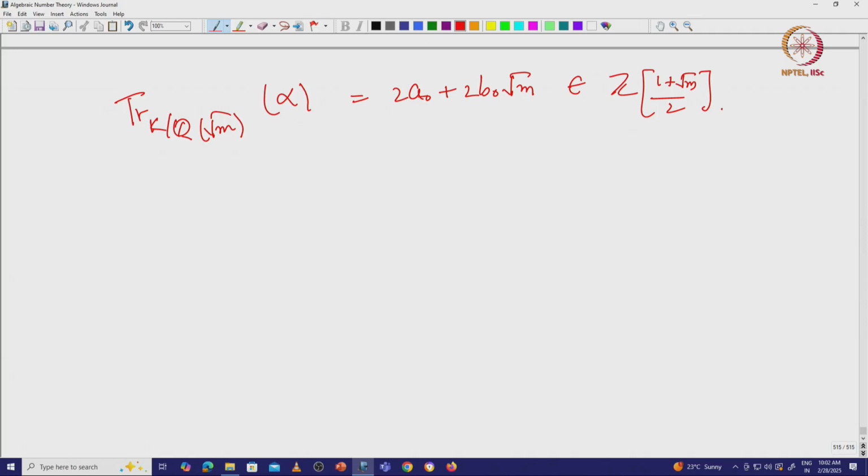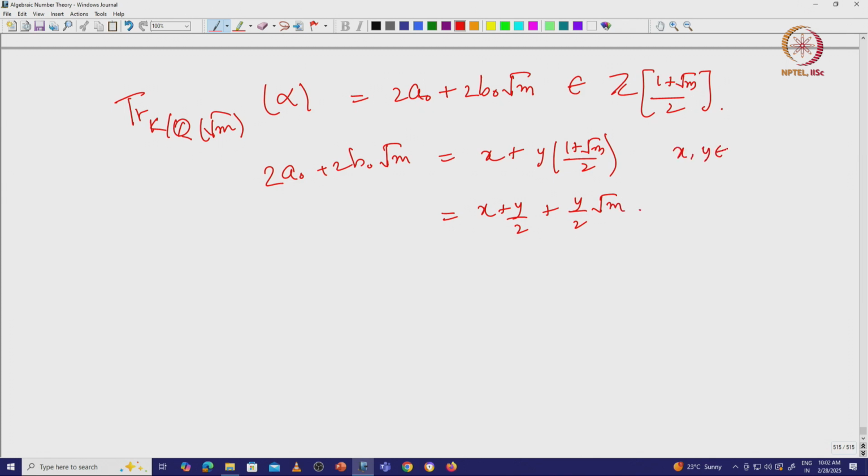So what this means is that 2a0 + 2b0√m is some x + y(1+√m)/2, which I can rewrite as x + y/2 + (y/2)√m. And x and y are integers. This means that 2a0 and 2b0 belong to half integers, which means that a0 and b0 belong to (1/4)Z, right.